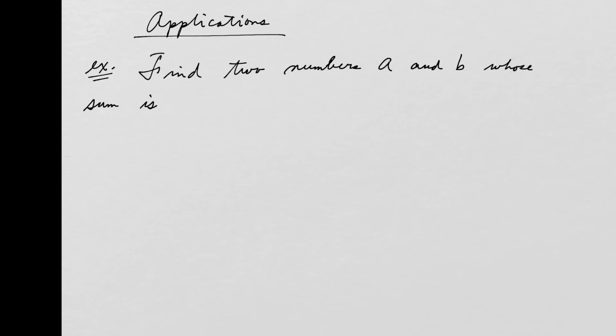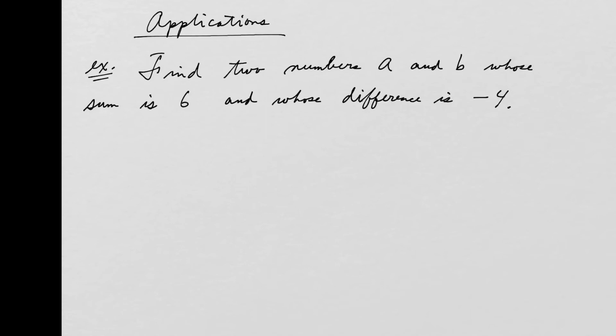Let's say you're asked to find two numbers, and I'll give them names A and B. We could use X and Y, but let's call them A and B, whose sum is 6 and whose difference is -4.